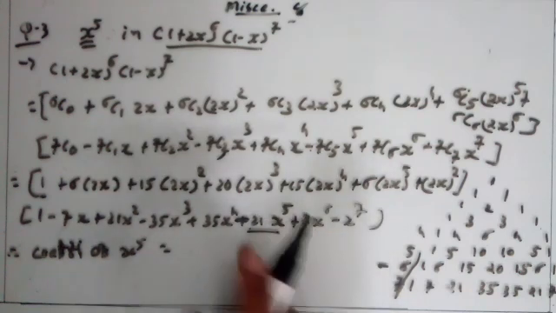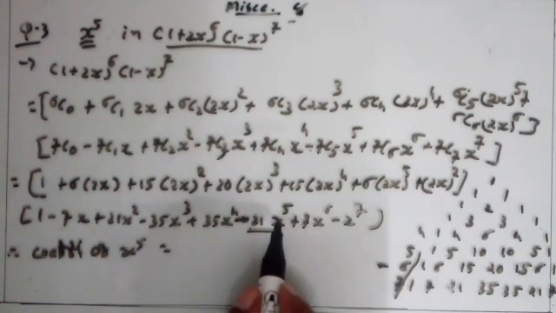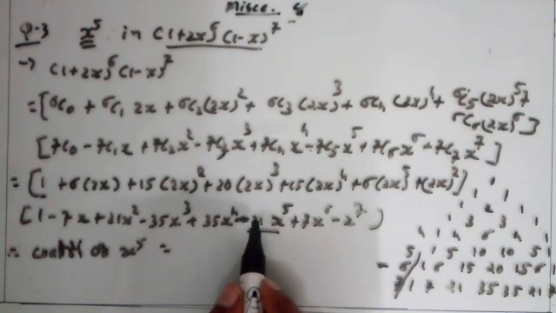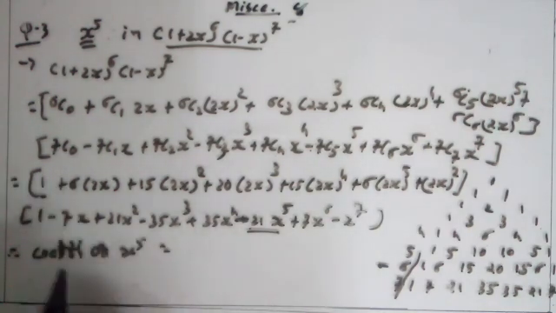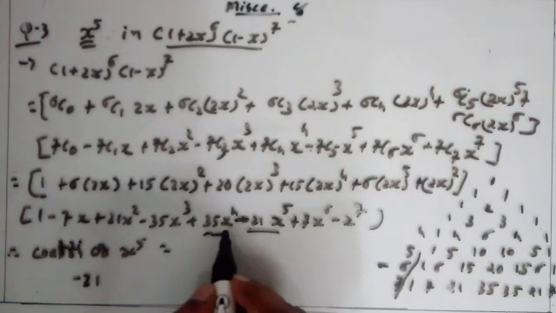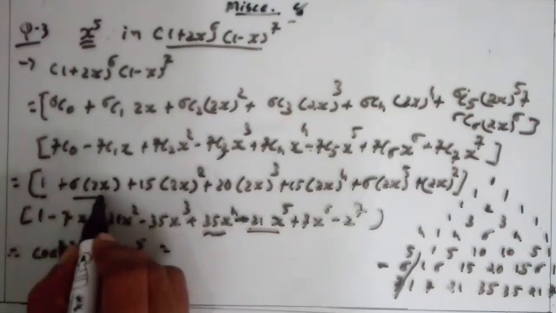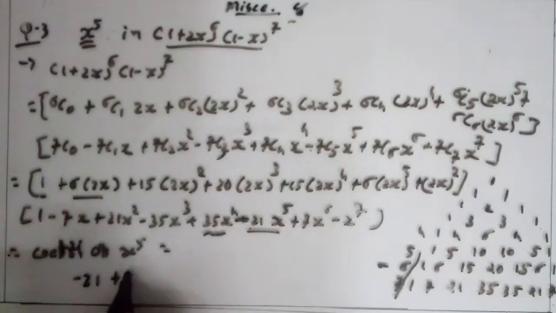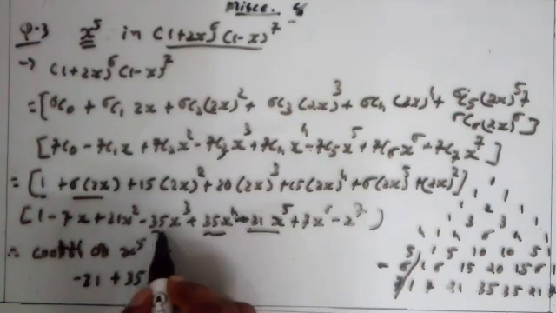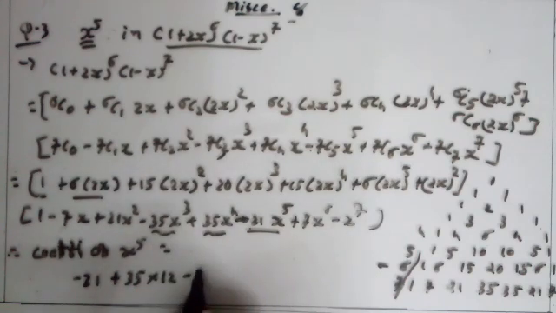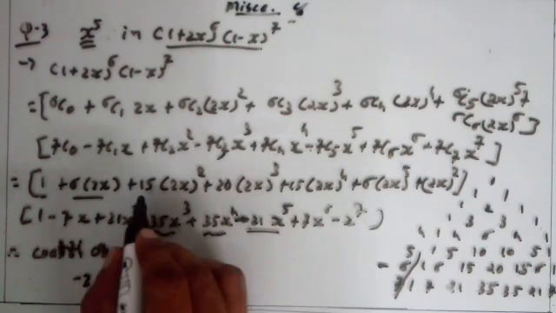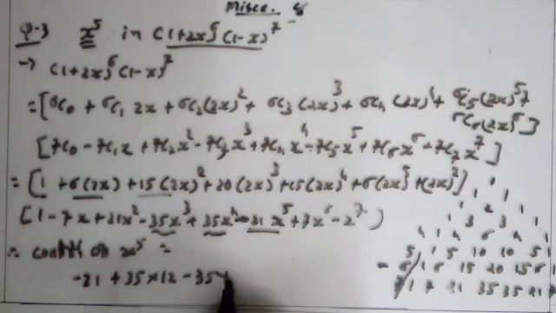Take this, and the coefficient of this becomes minus 21 into 1. So minus 21. Then 35 into these numbers, so 35 into 6 is 12. Okay, then minus 35 into 15 is 30 into 30.